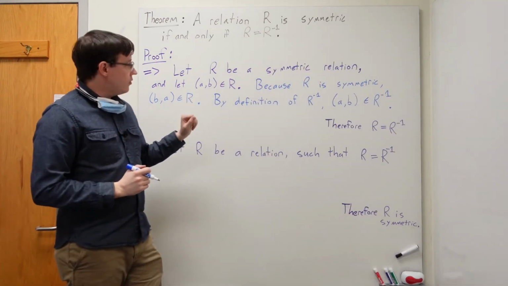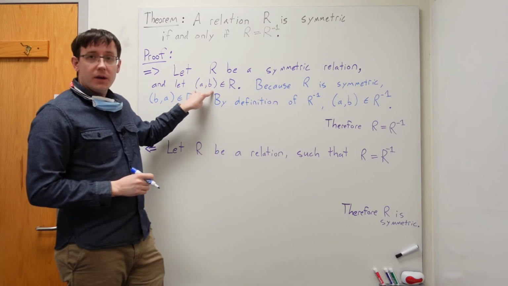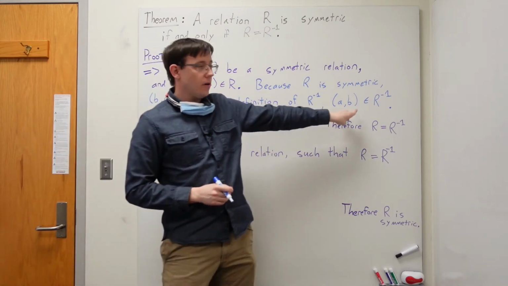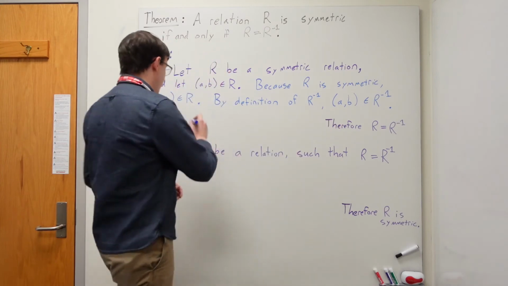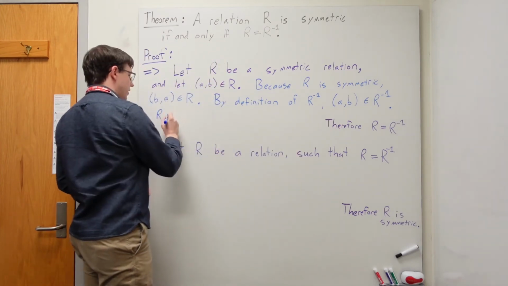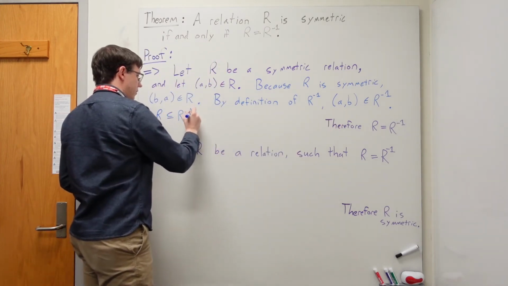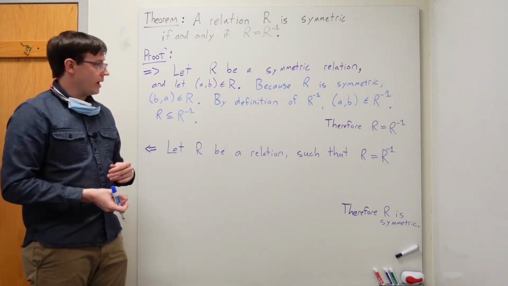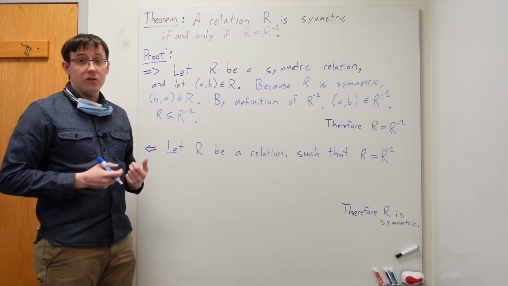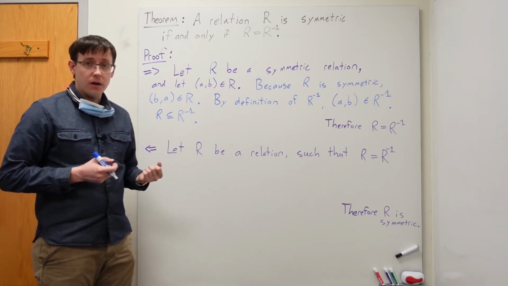And so now we've shown that every element of R is also an element of R inverse. So we have that R is a subset of R inverse. And now we would need to show the reverse direction, that R inverse is a subset of R.